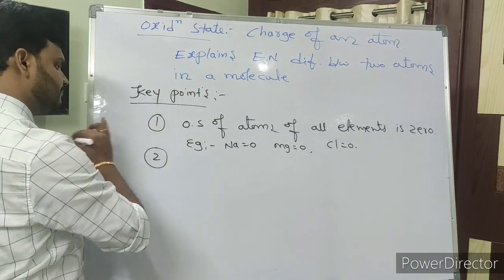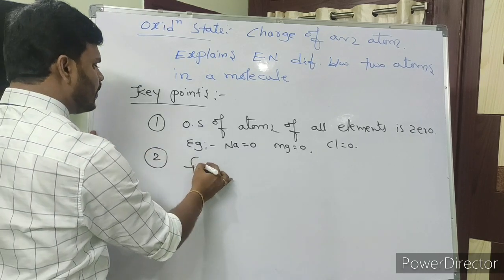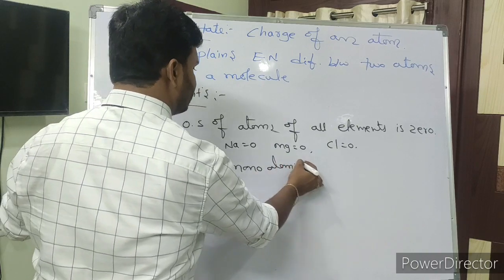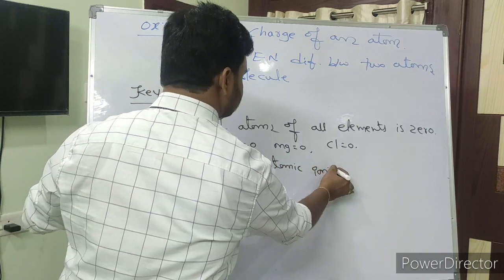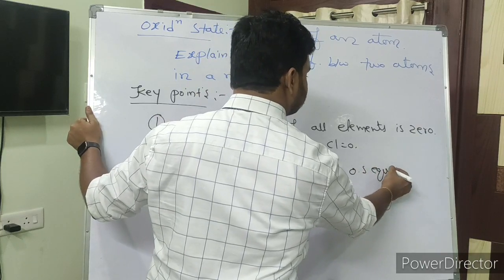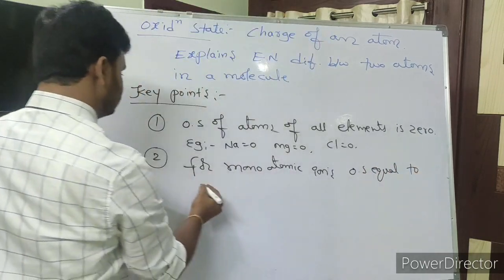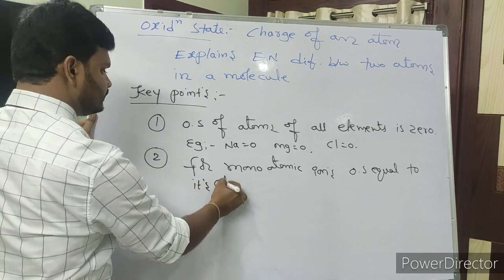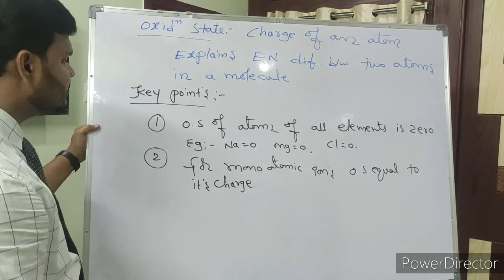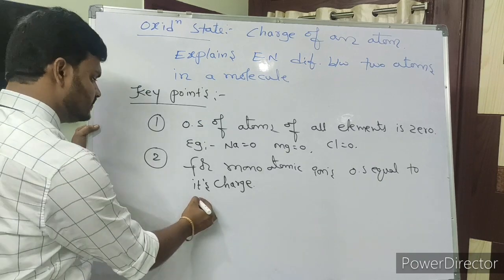Next, second point. For monoatomic ions, oxidation state equals its charge. So what is the meaning of the second point, dear students?